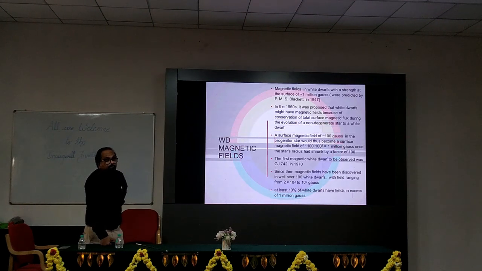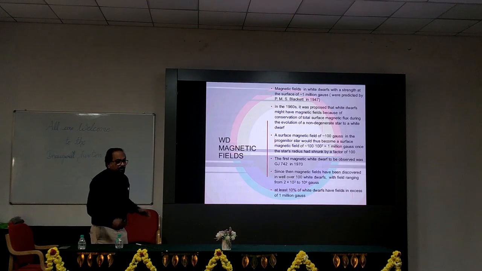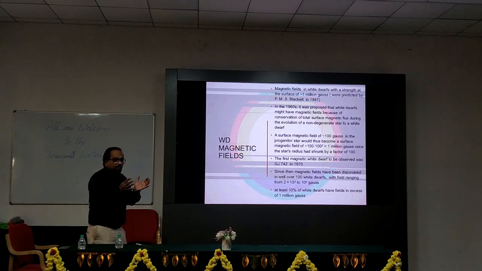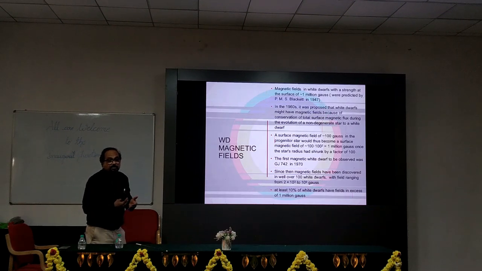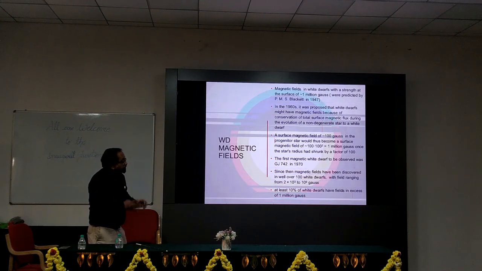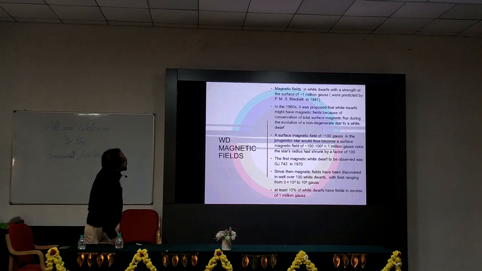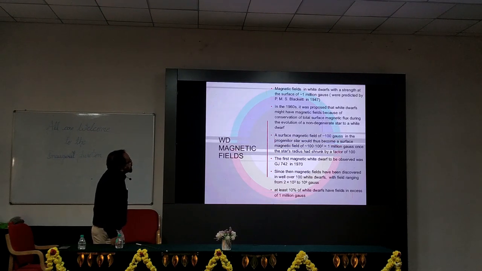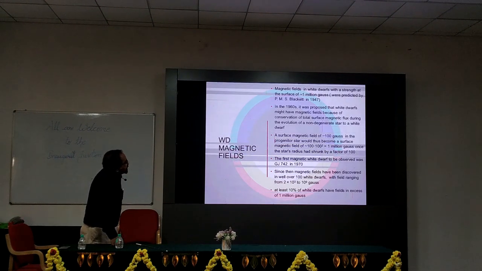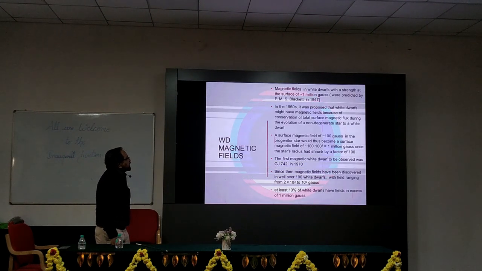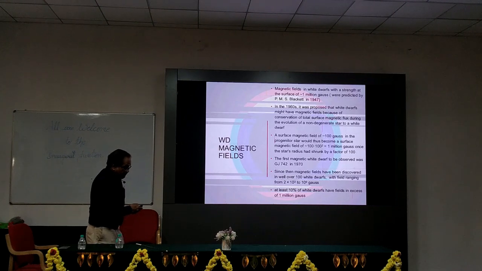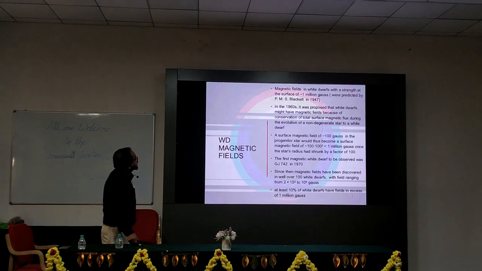On the assumption that the magnetic flux is conserved, if you have a rotating body and it collapses, the angular momentum will increase by conservation of angular momentum. Similarly, if the magnetic flux is conserved, the magnetic field will vary inversely as the square of the sizes.